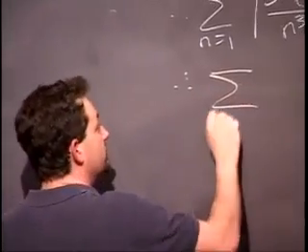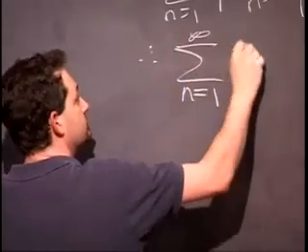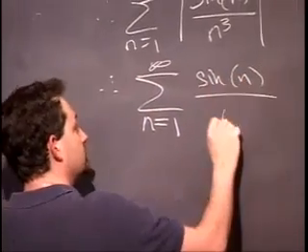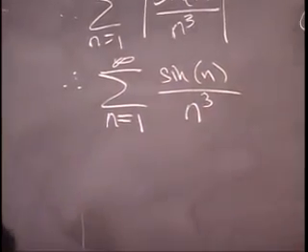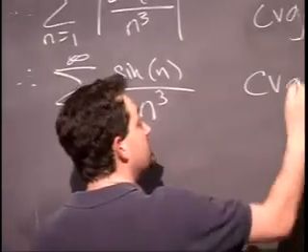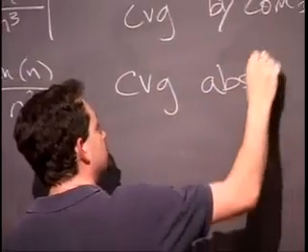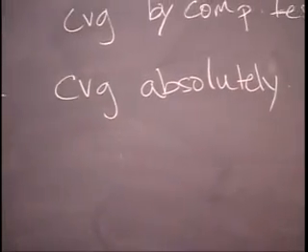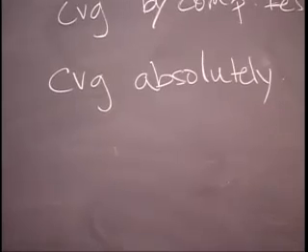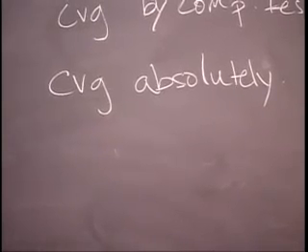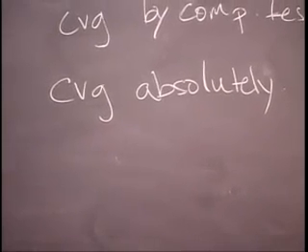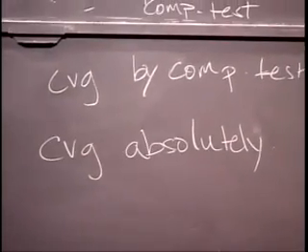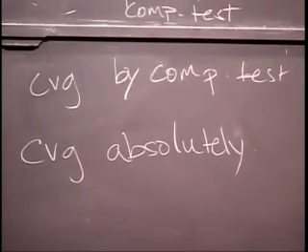Therefore, the original series, not only does this converge, it converges absolutely. And implicit in that statement is the notion that it actually converges, and that is by the absolute convergence test. So we have this special terminology for converges absolutely.